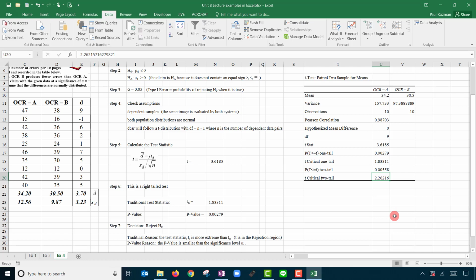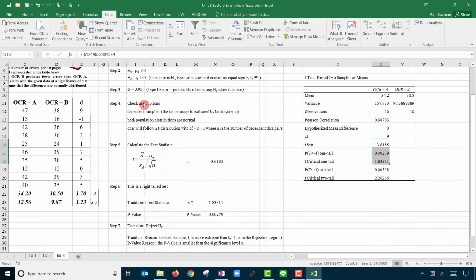We knew that this was a one-tailed test, so this is our p-value. And this is our critical value. That's pretty cool. So these are our 3 important values for this test listed right here. And Excel just spits those out for us.